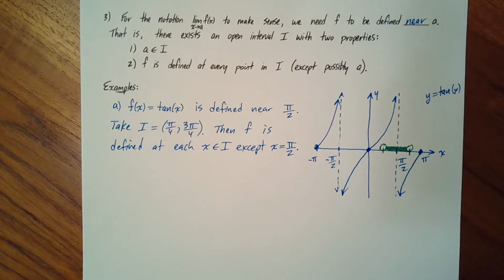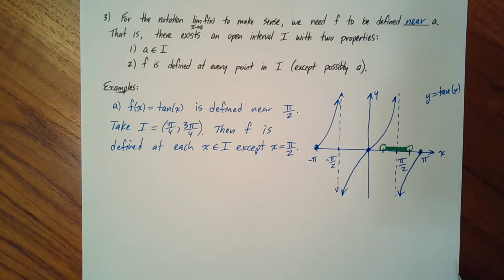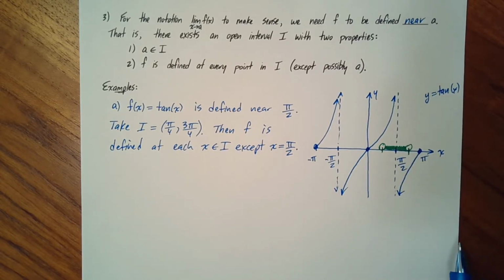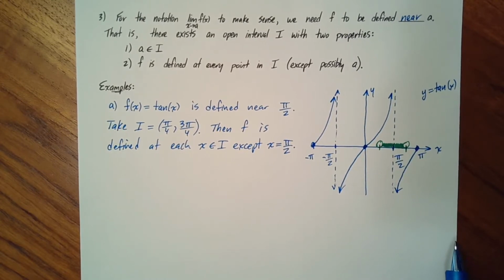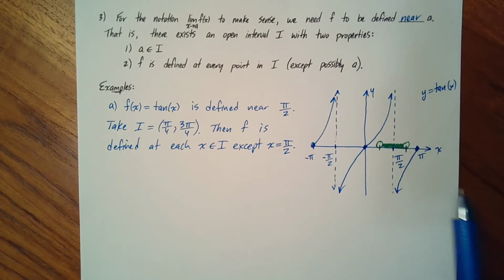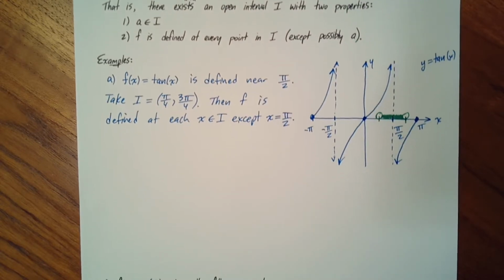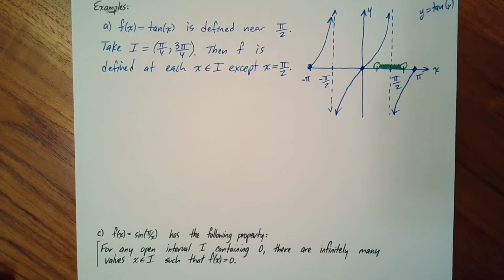So that's an example of a function that's defined near a point, in particular pi over 2, but it's not actually defined at pi over 2. So that's the purpose for using this language, defined near a point. Now, if it were defined at pi over 2, that would be no problem as well, but it just doesn't need to be. It doesn't need to be defined at the point pi over 2 in order to be defined near pi over 2.